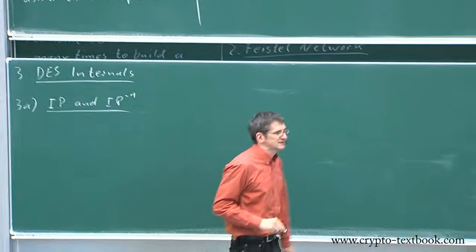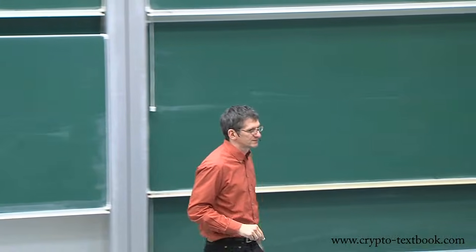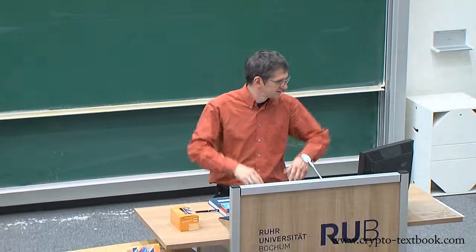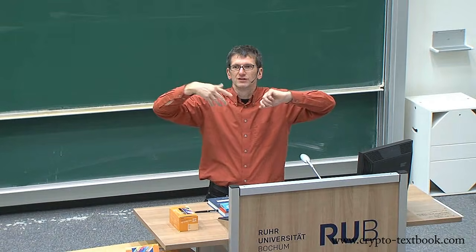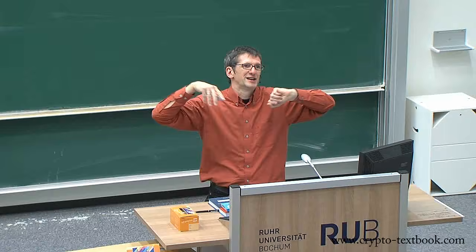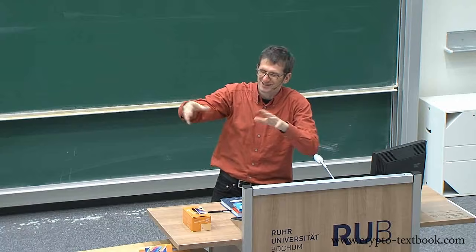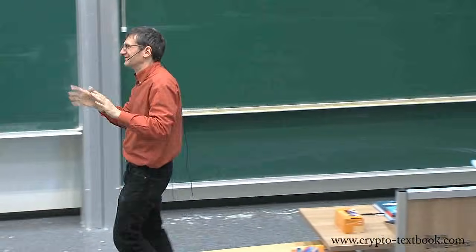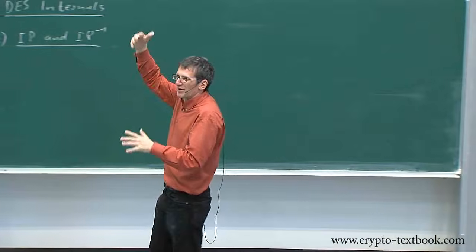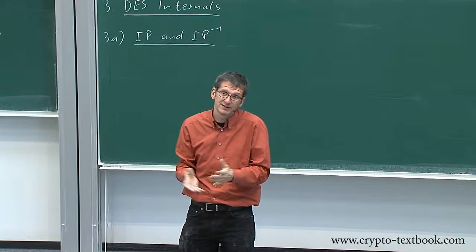When you start with the cipher, let's assume your plaintext, your 64 bits, and you want it to be encrypted, and you go to DES and say, "Please encrypt me."